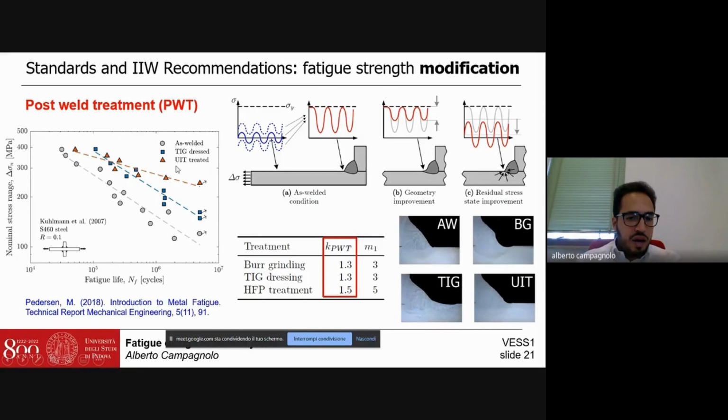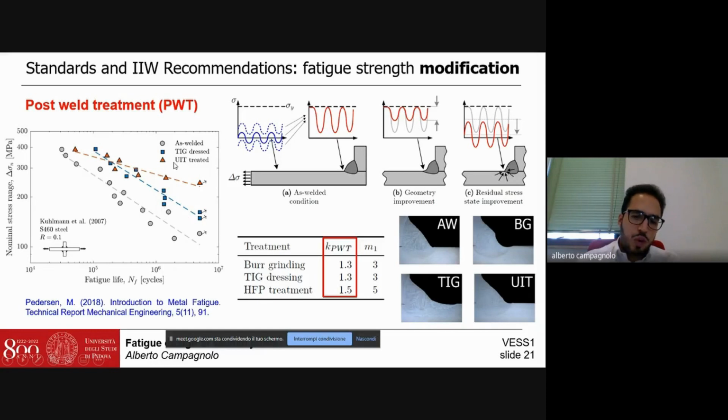We can see here from the comparison of several experimental results, the gray curve is that relevant to these as-welded joints. When we adopt post-weld treatments, we can increase the fatigue strength of the considered joints. For example, by using TIG dressing, we can increase the fatigue strength, keeping constant the slope of the curve.